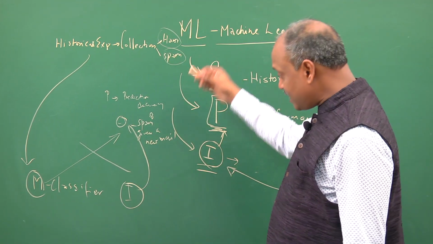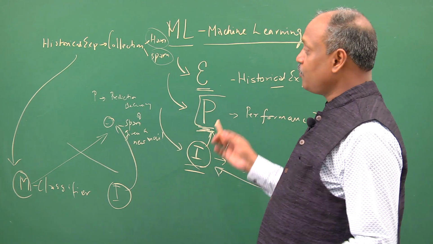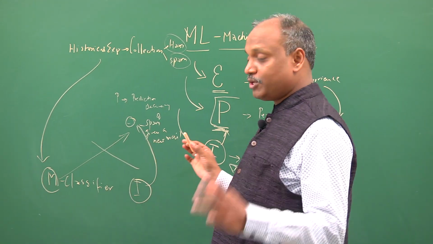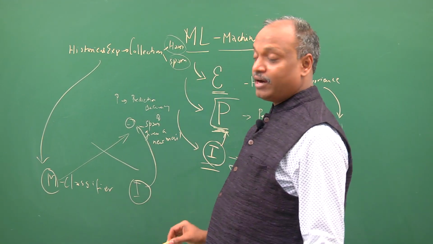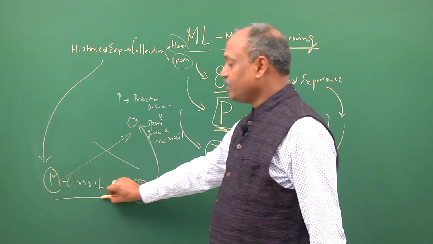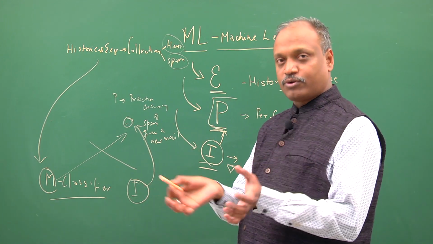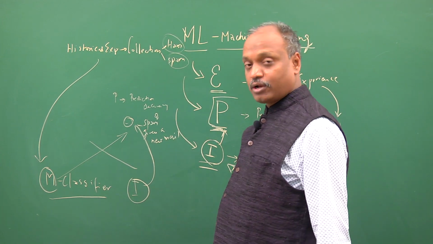So what happens is, as you give more and more data, suppose you collected a good amount of historical data, you flagged them, and then you have created a classifier, which is what you call a model, representing the historical knowledge.